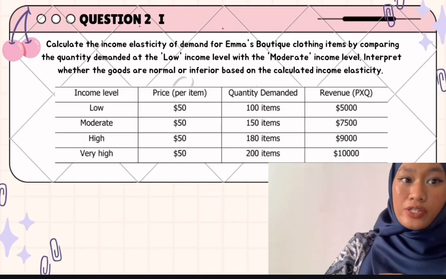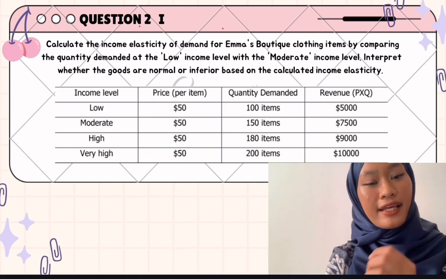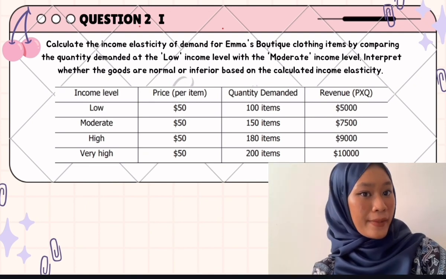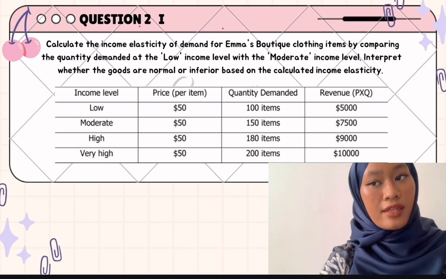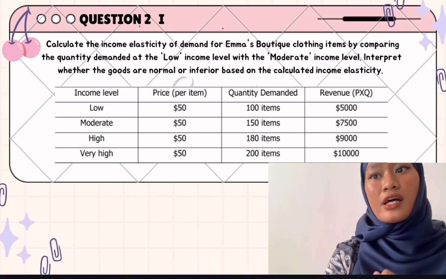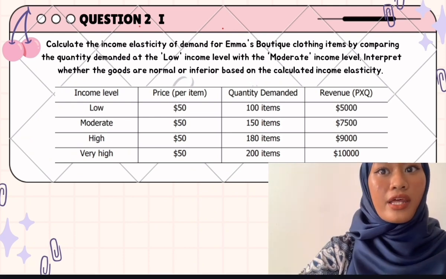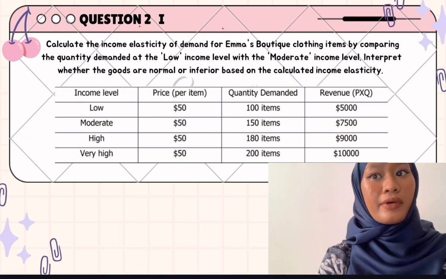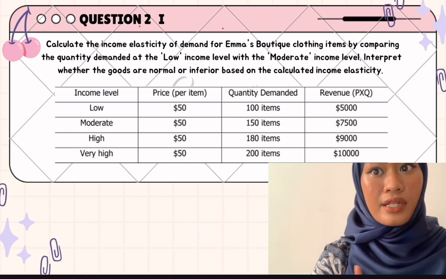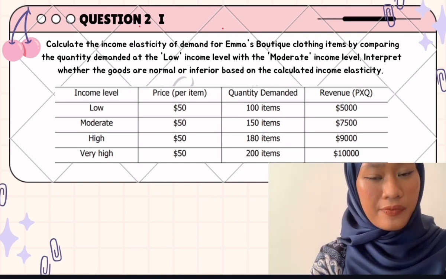Thank you. The next is question number 2, which is income elasticity analysis for Emma's Boutique's clothing items. First question is calculate the income elasticity of demand for Emma's Boutique clothing items by comparing the quantity demanded at the low income level with the moderate income level.